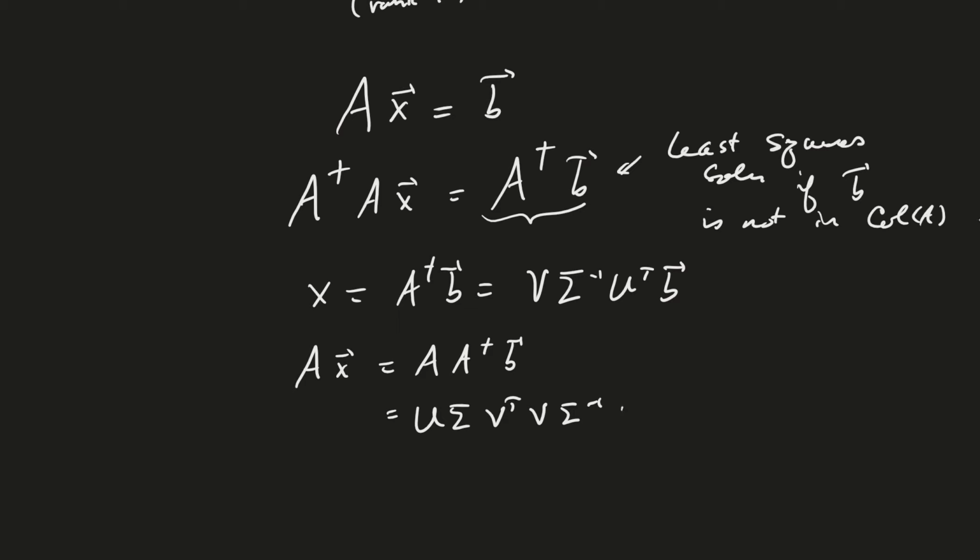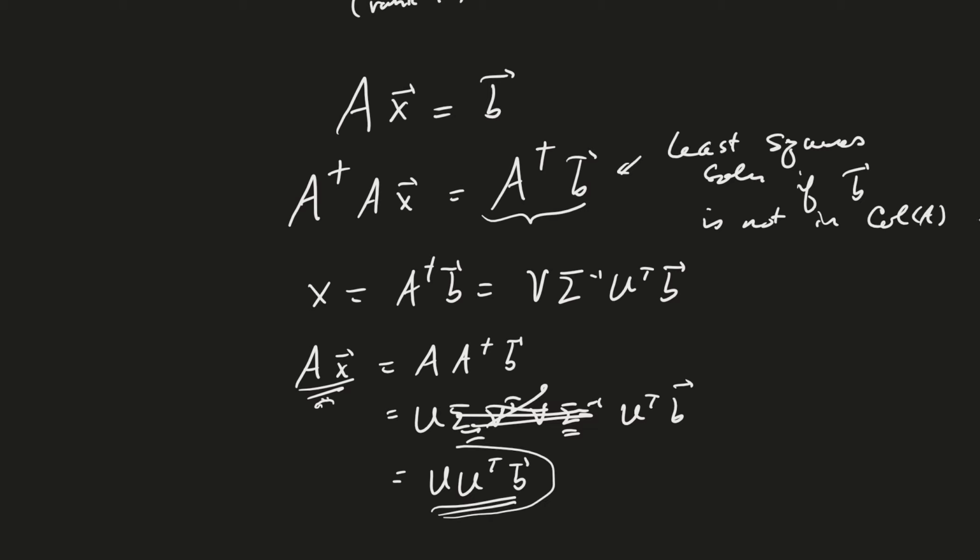Oh well. Let's simplify that. V transpose V is the identity. Sigma times sigma inverse is the identity. And so you're left with U U transpose times B. So A times x is U U transpose times B. Is that right? Absolutely, that's right, because A times x is in the column space of A, and this is the projection of B onto the column space of A. Very good. Okay, I think I've already done one of your homework problems.